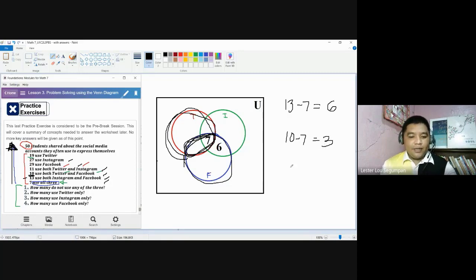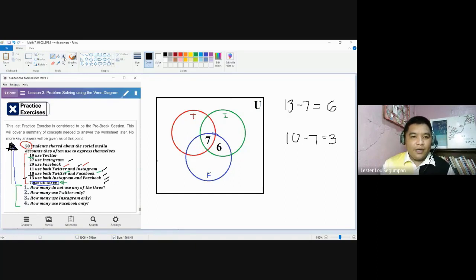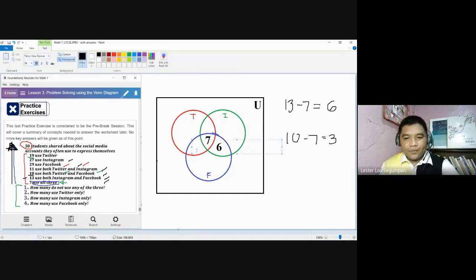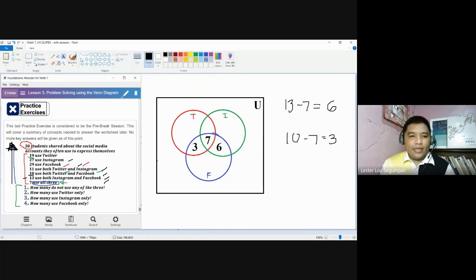This is the number that you need to place, okay, for a while. You have here 10 minus 7 equals 3. This is the number you need to place here so that the intersection of Facebook and Twitter is still 10.